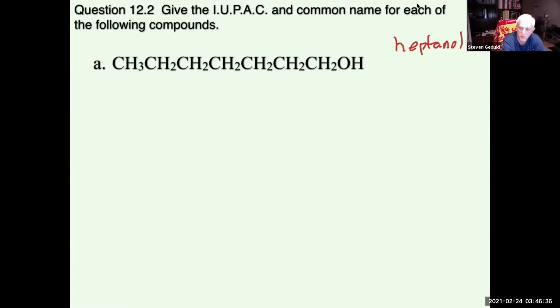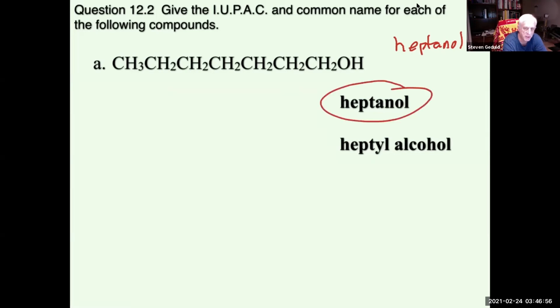It's heptane, 7 carbons, perfect. Drop the E, add OL, heptanol. That's it. Heptanol or 1-heptanol. Common name would be heptyl alcohol. You name it like an attachment. Like I said, concentrate on the IUPAC name. That's when we're going to be using everything to identify.